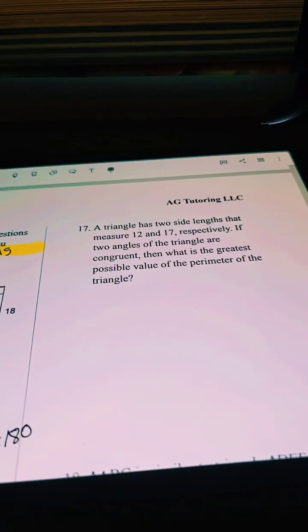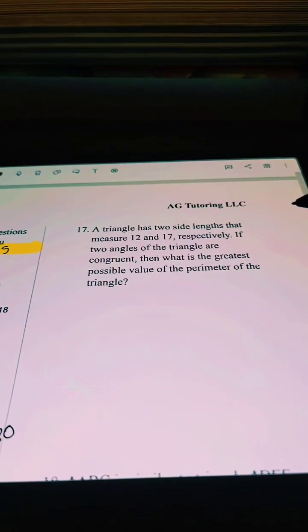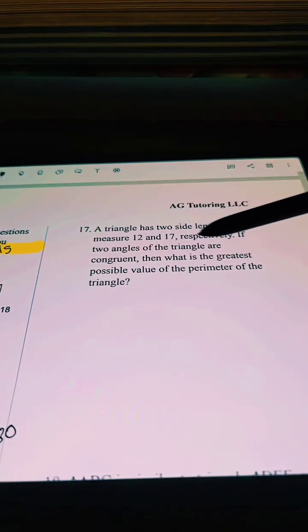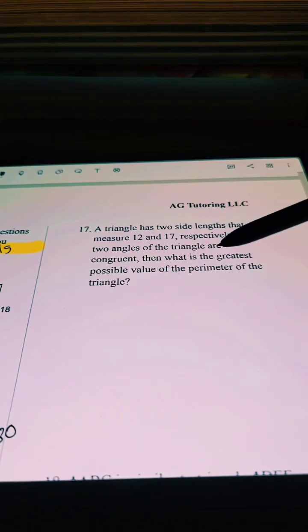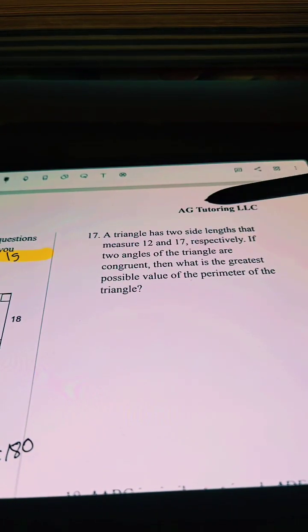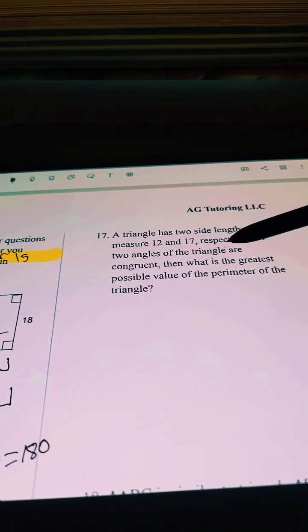So let's go to number 17. A triangle has two side lengths that measure 12 and 17 respectively. If two angles of the triangle are congruent, then what is the greatest possible value of the perimeter of the triangle? So we have that two of the angles are congruent.